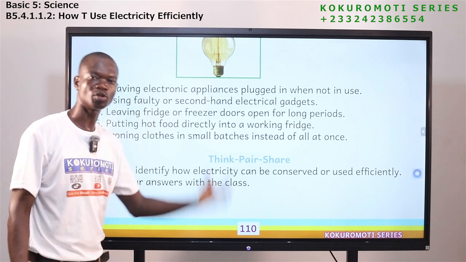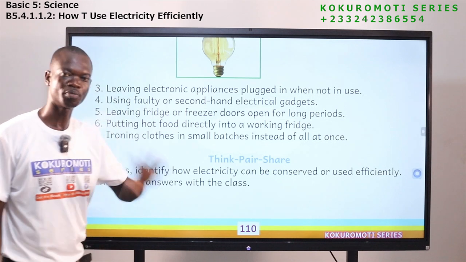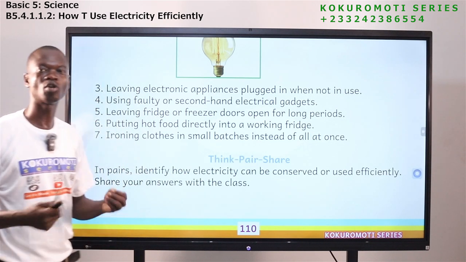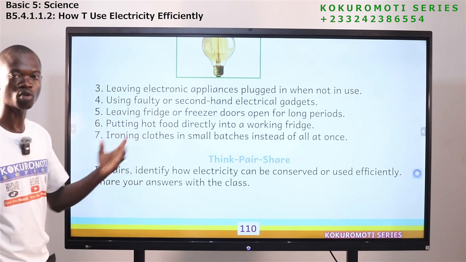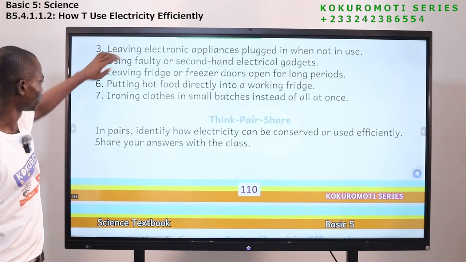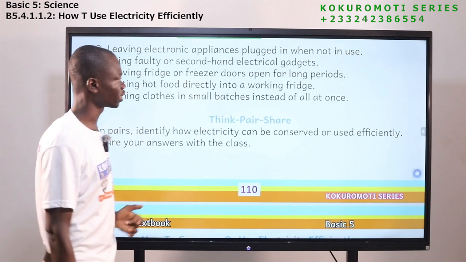Fridges too, when the doors are open, we need to close them. After opening, we need to close them, because if you leave it open, it will need more energy to work. So if you leave it open, it consumes more energy, and that causes wastage. Okay, the next one is putting hot food directly into a working fridge.